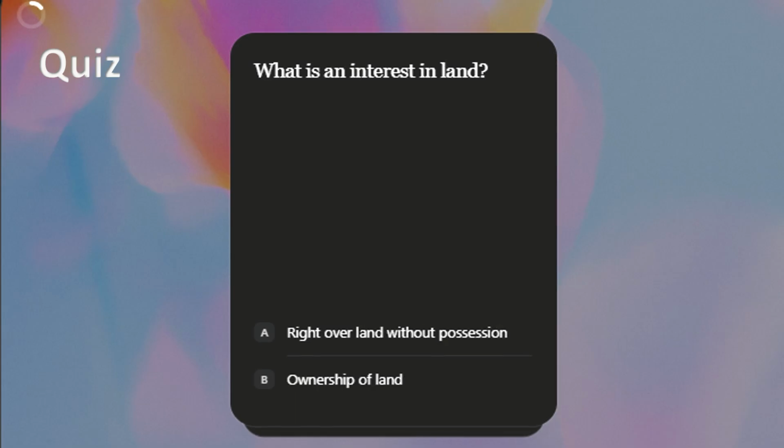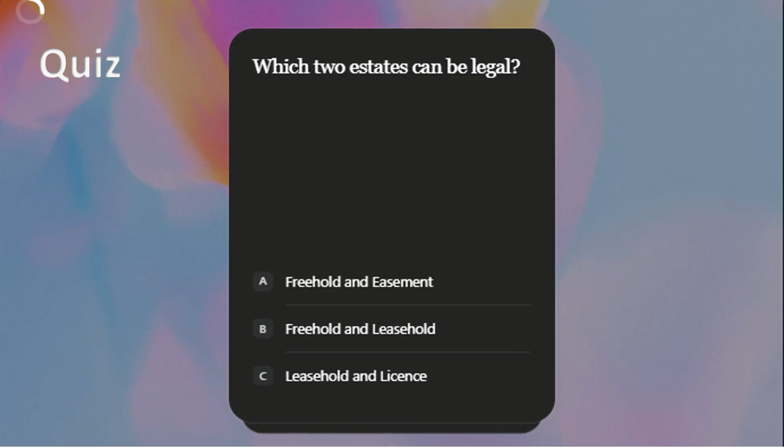By contrast, what is an interest in land? That should be one of those bolt-on rights where you don't have possession, but you still have a certain right over the land.